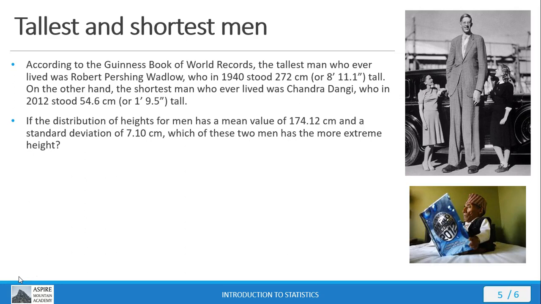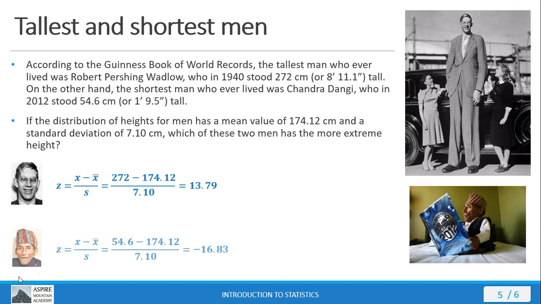Feel free to pause the video here, make your calculations, and then come back to see how you did. Okay, let's see how you did. To find the more extreme height, you need to convert both heights to Z-scores. So let's start with the Giant of Illinois. When we convert his height to a Z-score, we get 13.79.